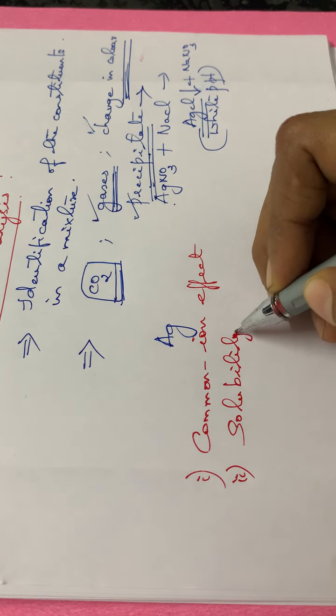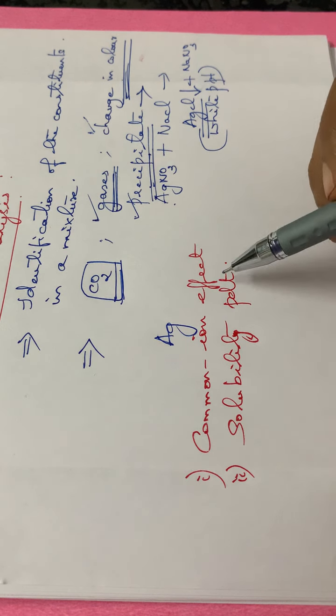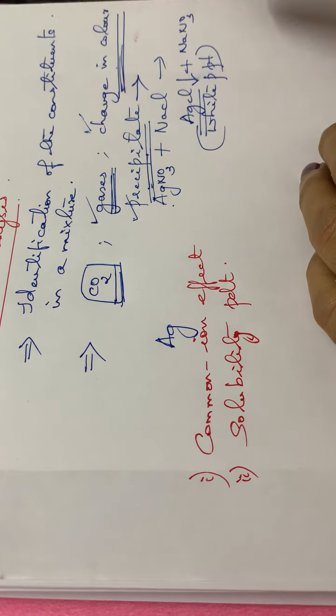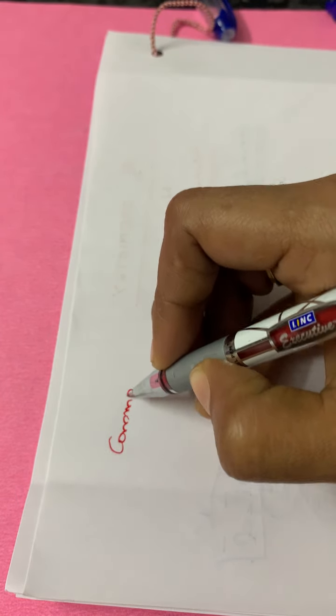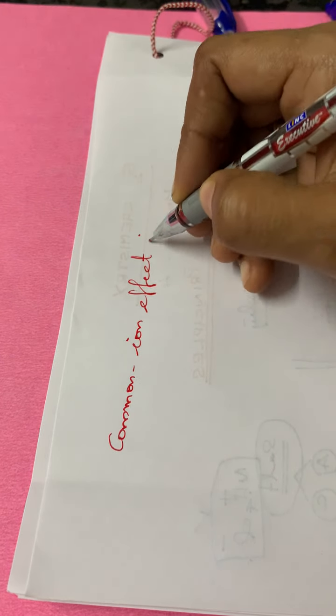So you have to go through in detail these two phenomena, common ion effect and solubility product. First one, common ion effect. This is a very important topic. This is a sure question in your university examination.